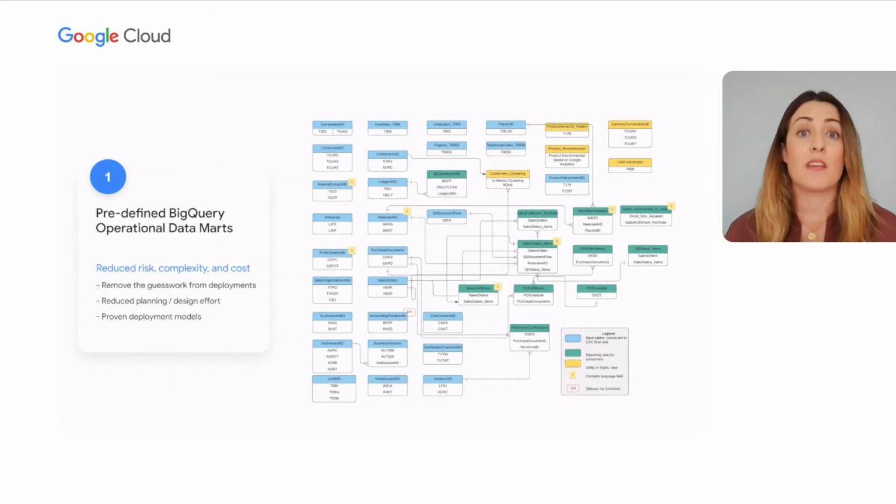These include baseline views, such as customer master data, material master data, or sales analytics, etc. We also include context-specific and rich SAP modeling objects, such as unit of measure conversion, currency conversion, and hierarchy conversion. These help to remove the guesswork from deployments, as well as to reduce planning and design effort and provide you best practice modeling within BigQuery for SAP data.